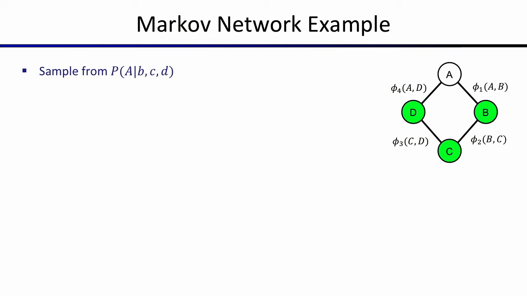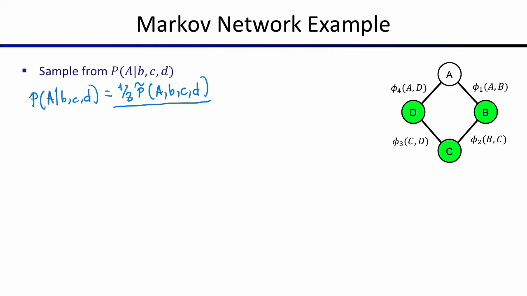So again, we have to compute this probability of A given B, C, and D, and this is going to be equal to, and we can use the Gibbs distribution. It's going to be 1 over the partition function, the P tilde, that is the unnormalized distribution, of A, B, C, and D, and we're going to divide it by the probability of just the evidence here.